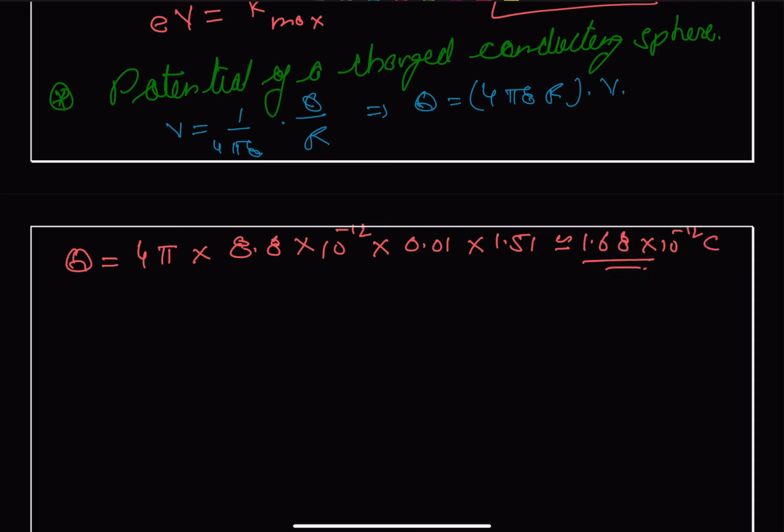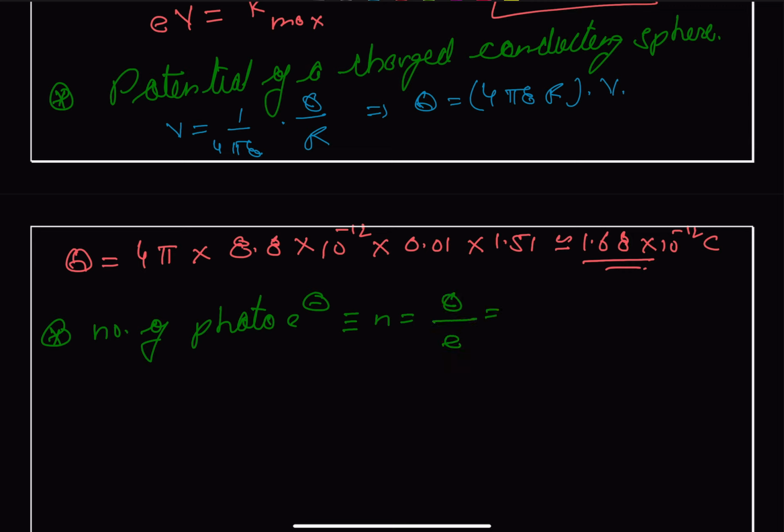Now we can easily find out our number of photoelectrons. Suppose the number of photoelectrons is given as n, then this n will be equal to total charge divided by charge on one electron.